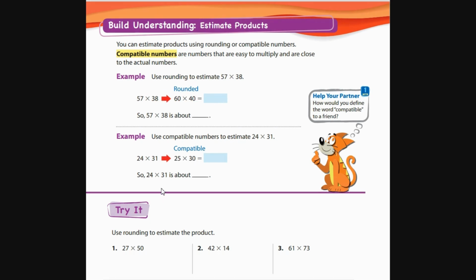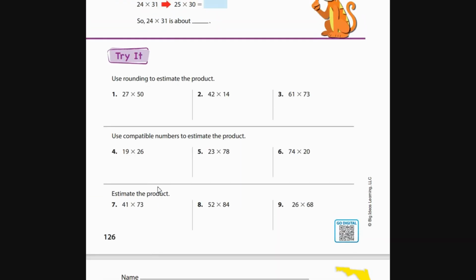Okay? Now, let's take a look at our triads. Here we go. All right, I'm moving over to our triad. Use rounding to estimate the product. So here, what do they want us to use? Right, they want us to use rounding. Here, they want us to use compatible numbers. And here, they just want us to estimate.